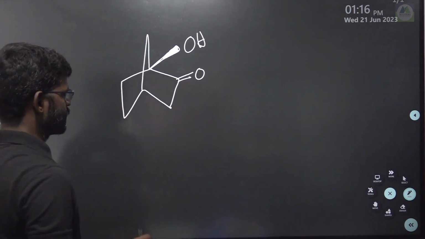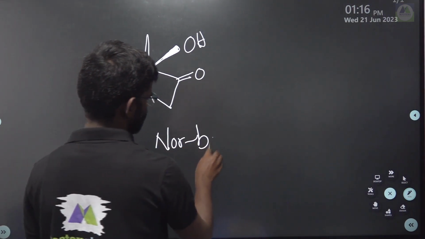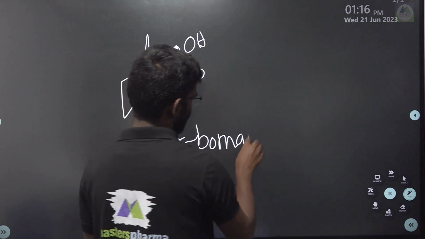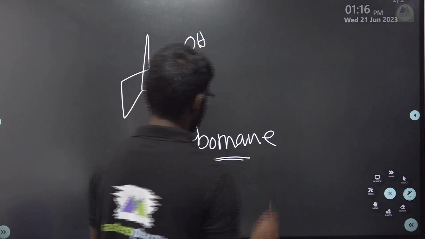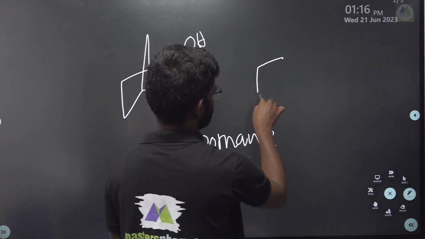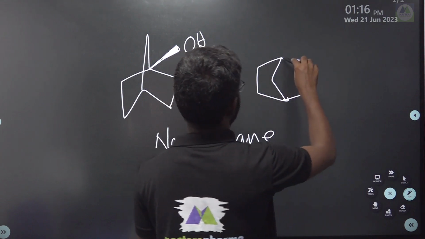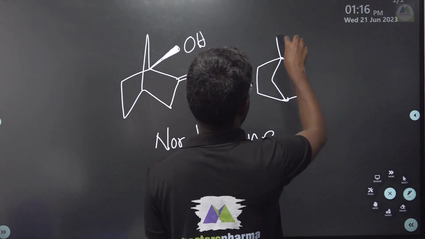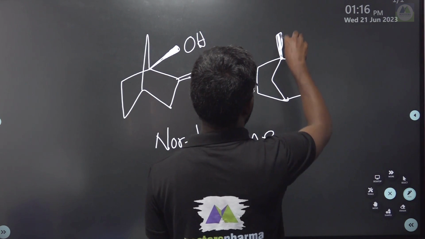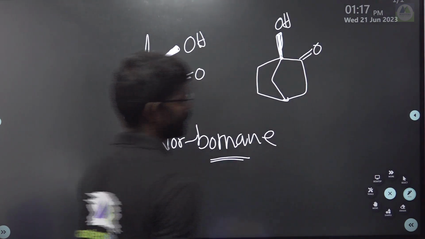Okay, so these are called Norbornane representations. So simply we can convert this compound into a general structure, you can convert the structure into this molecule.